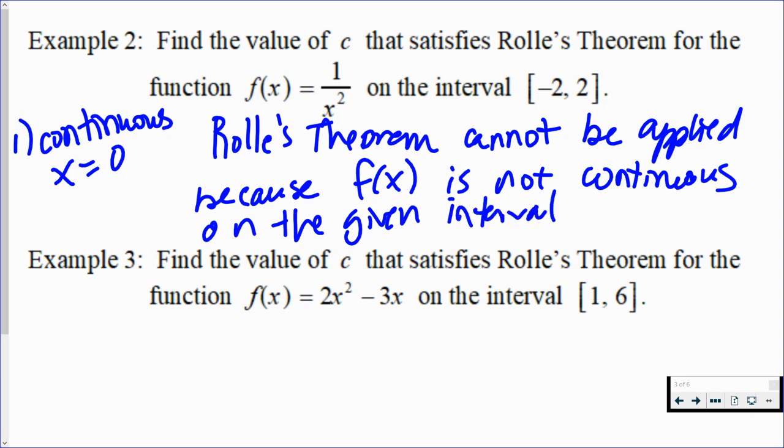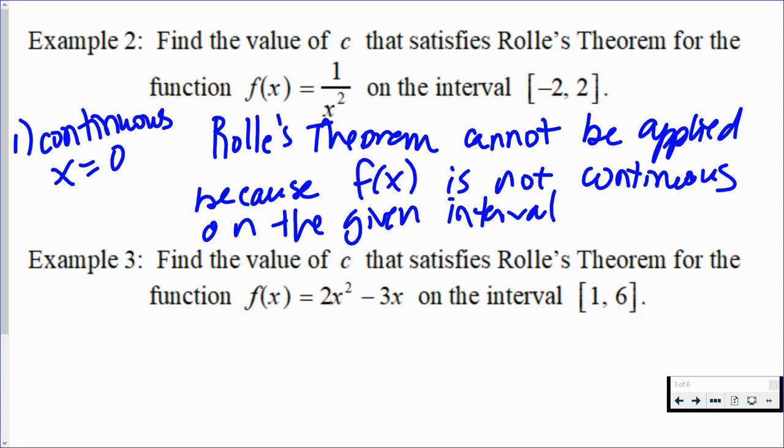Now, let's say they had told us a different interval. What if they had said from 1 to 4? Okay, then our problem would have been different. It would have been continuous on the given interval, and it would have been differentiable on the given interval, but f of a would not have equaled f of b at that point, and our reason for why Rolle's theorem couldn't be applied would have changed.